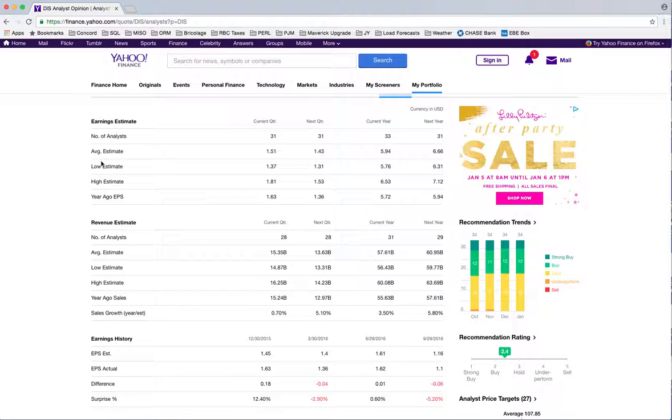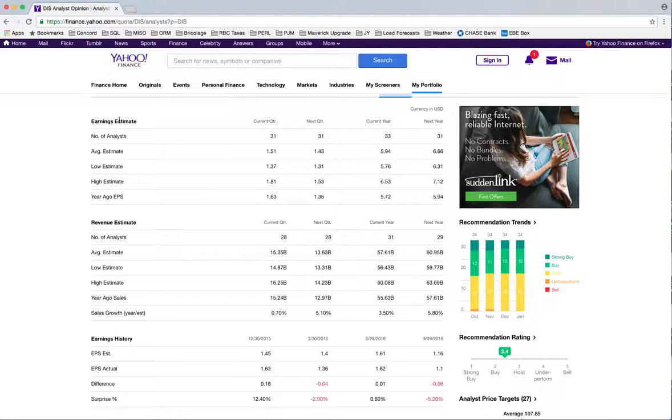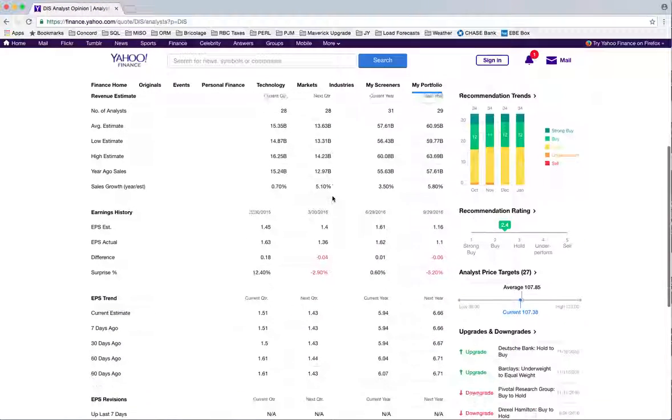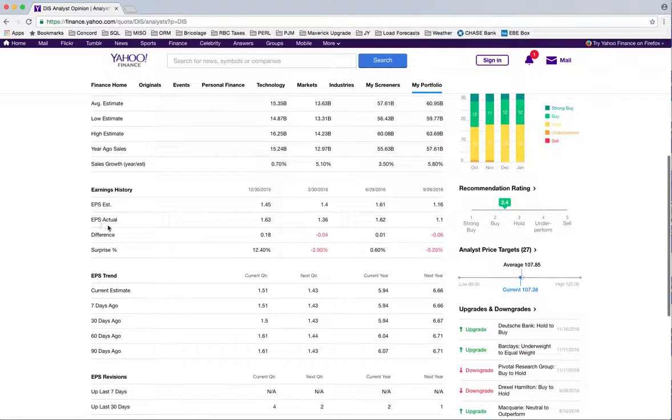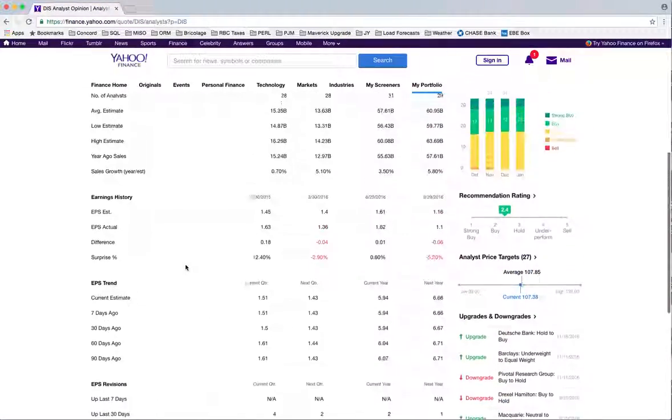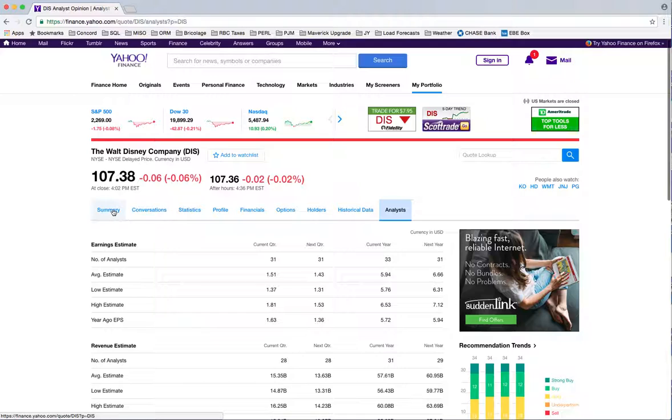And so if you want to know what the analysts think would happen in terms of earnings for the current quarter per share, you could see that. If you want to know what the earnings history has been, you'd see that. So kinds of things that stock analysts care about.